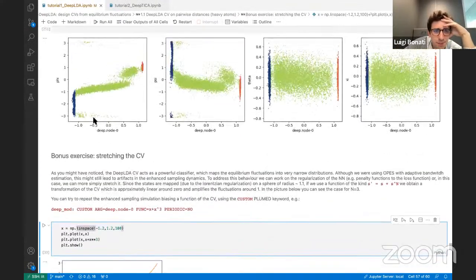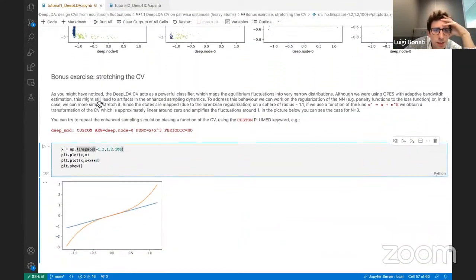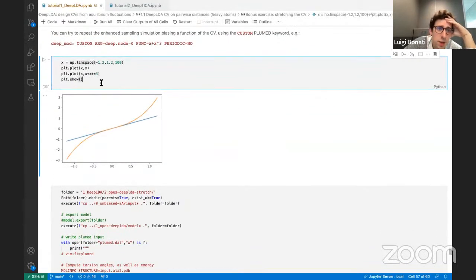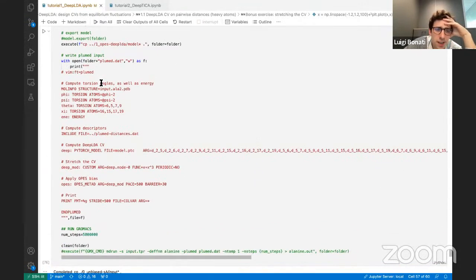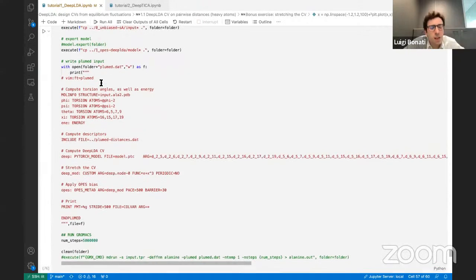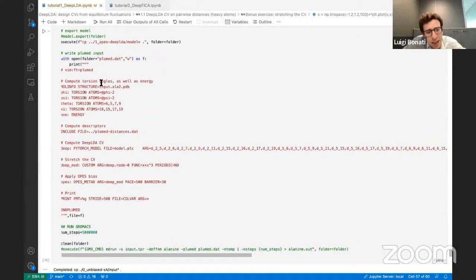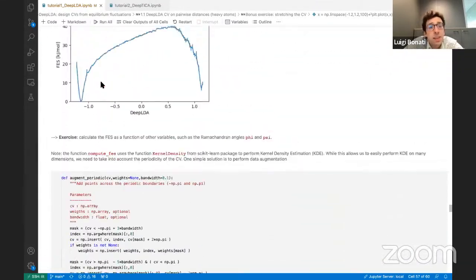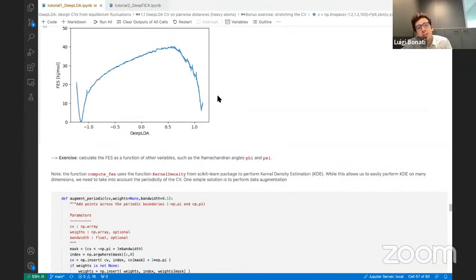I actually added an exercise in which we can try, as we have seen before when we were computing the free energy surface as a function of DeepLDA CV, we see that especially this basin here, this state here, is projected into a very narrow minima, and this might lead to some artifacts in the sampling.